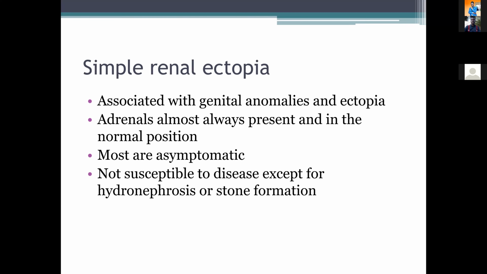You may have a simple renal ectopia that is also associated with unilateral agenesis. It's not rare to see some cases in the outskirts, people just doing nephrectomy because of a pelvic mass, and what they have done is to remove the only kidney of the patient. Otherwise, these patients usually live a normal life, and these are mostly incidental findings.